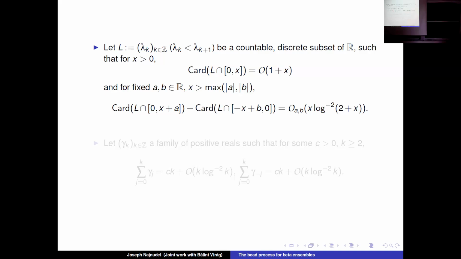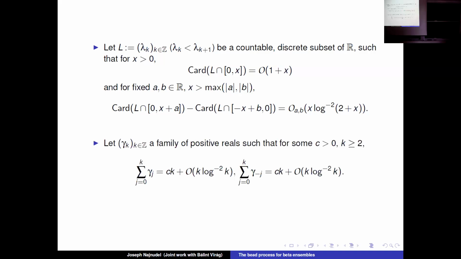So we have somehow in the first order the same number of points in all intervals. So in the interval 0x and in -x0, we have at first order the same number of points, so we have some symmetry. The variation has some lower order of magnitude, with this log to the -2. So we have a quite well balanced set of points.